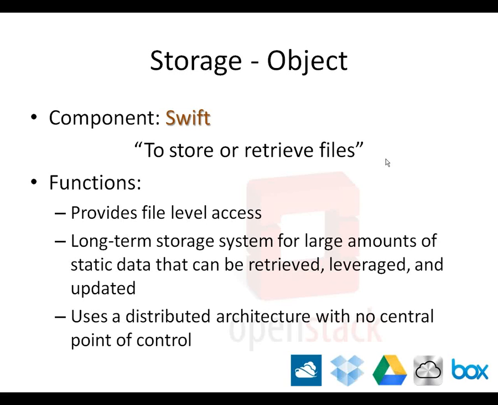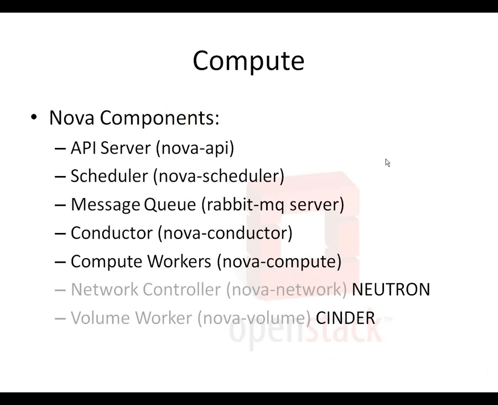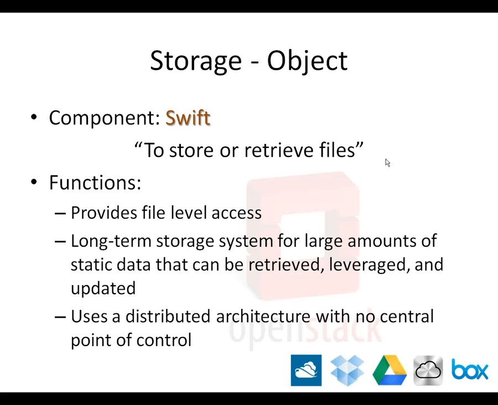Okay. Coming back to the services of OpenStack, let me start with storage. In the previous slide I had only compute, but over here I have storage, and next to that there is object. Next is block. So you find object and block.